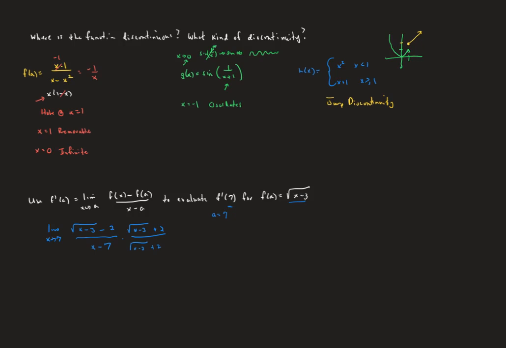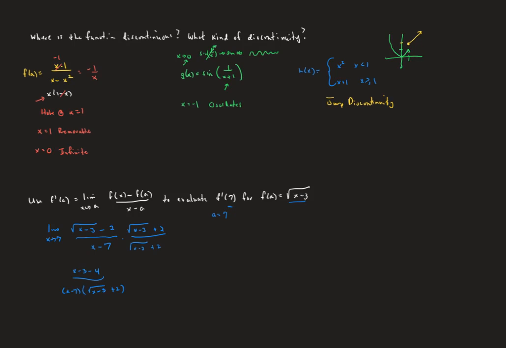So in the numerator, that'll give us the difference of 2 squares. And so the radical gets squared and gets removed, and then a minus 4. And we're going to get our x minus 7 that will just hang out while we wait to see what's going to develop up in the numerator. And the square root of x minus 3 plus 2 is waiting in the wings as well.